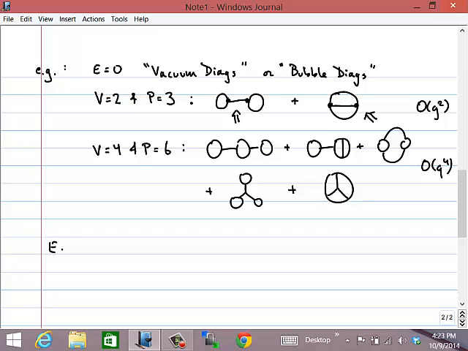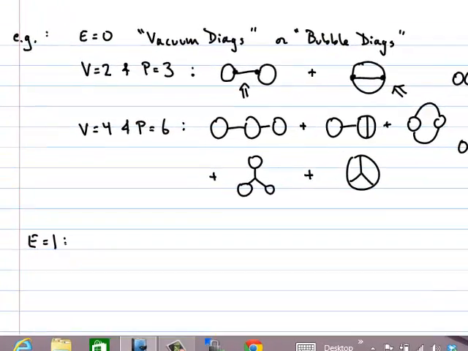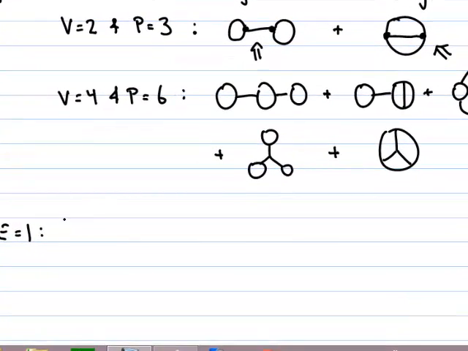When E is equal to 1, the simplest diagrams will be those with V equal to 1 and P equal to 1 here, 3 minus 2 being equal to 1.